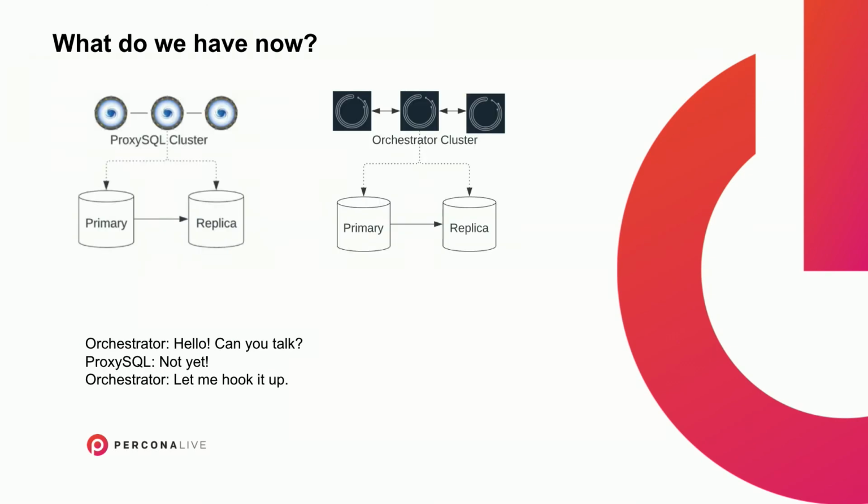What is the problem here? Suppose network partitioning happens and Orchestrator does the failover, and a replica has been promoted to master. When orchestrator promotes the replica, it sets it as a read-write server.